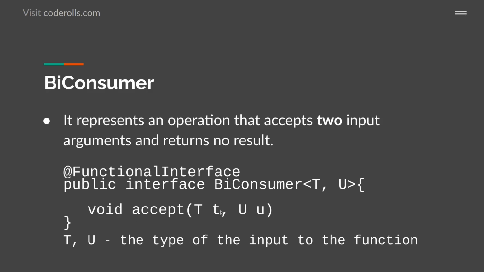And there will be no two argument functional interface for Supplier, because as we know, Supplier does not accept any argument. It simply returns a result. So we have seen the Supplier predefined functional interface. It will not accept any argument. It will simply return a result. Since it is not accepting any argument, there is no chance of a BiSupplier.